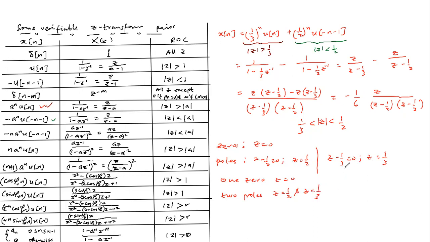Okay. So now we can verify the region of convergence. So we have a zero at 0. This is the imaginary z. This is the real z. Then we have a pole at 1 over 3, and then we have a pole at 1 over 2.